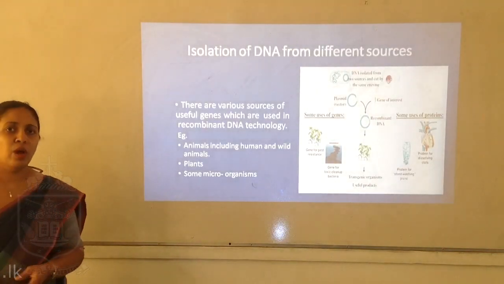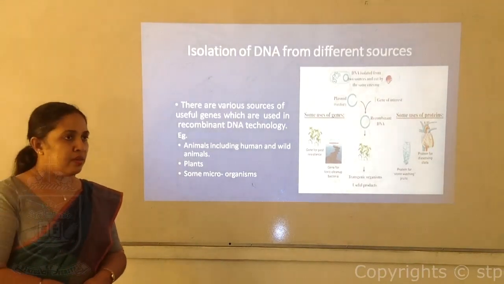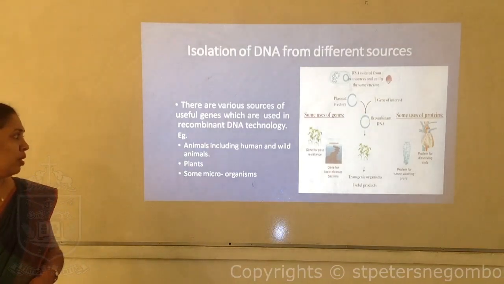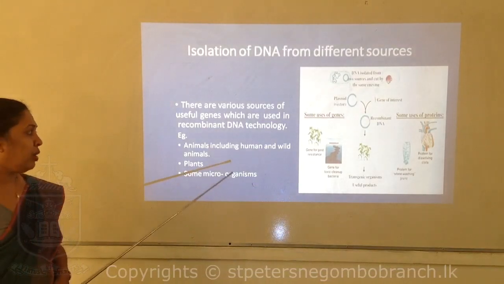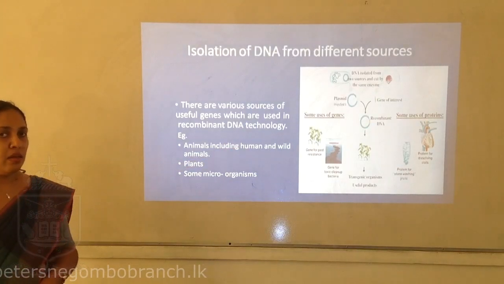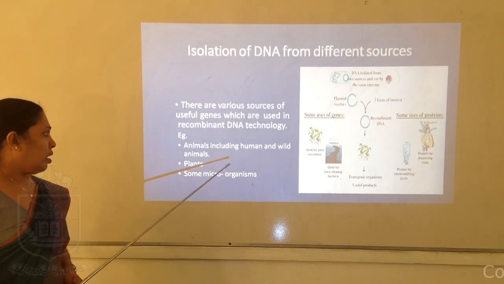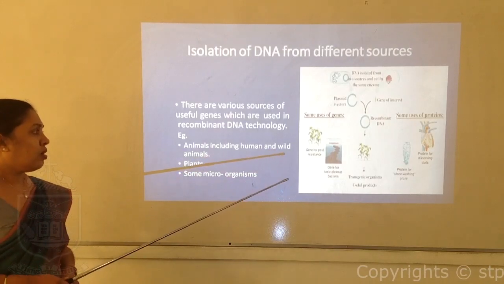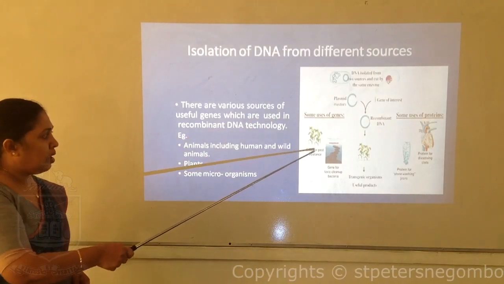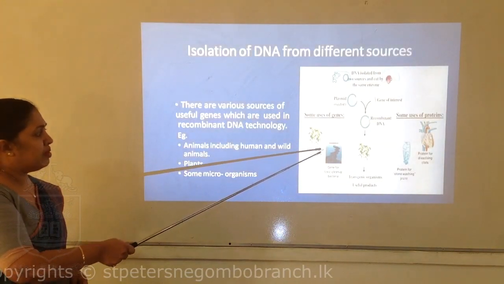So, isolation of DNA from different sources. Different sources can be any organism. Most of the time it may be wild animals as well as humans. Animals are mostly taken, and plants also are used as sources, having some important genes like pest resistance.